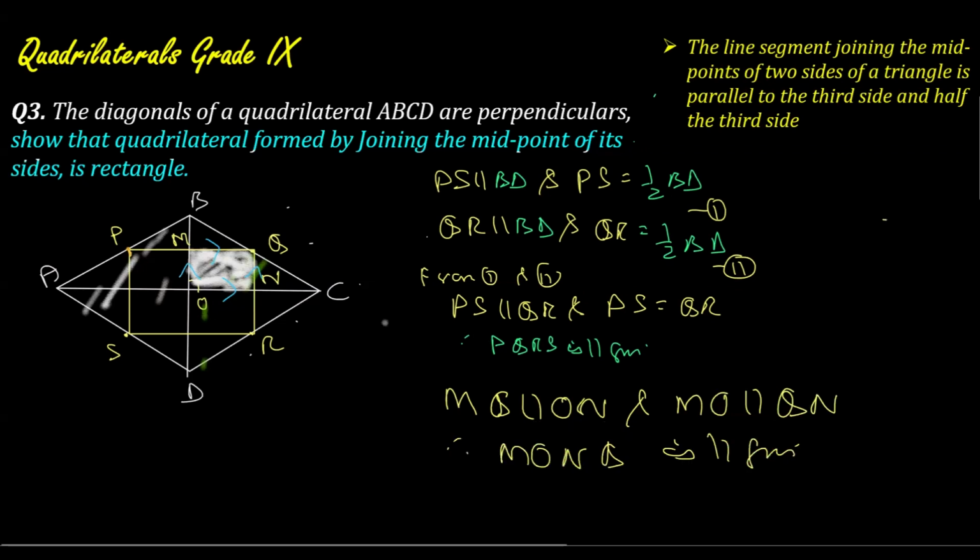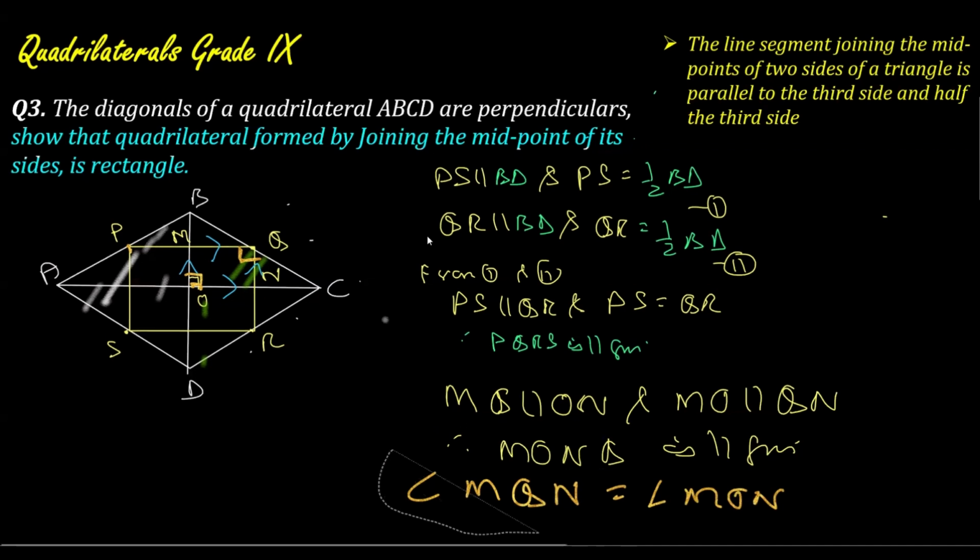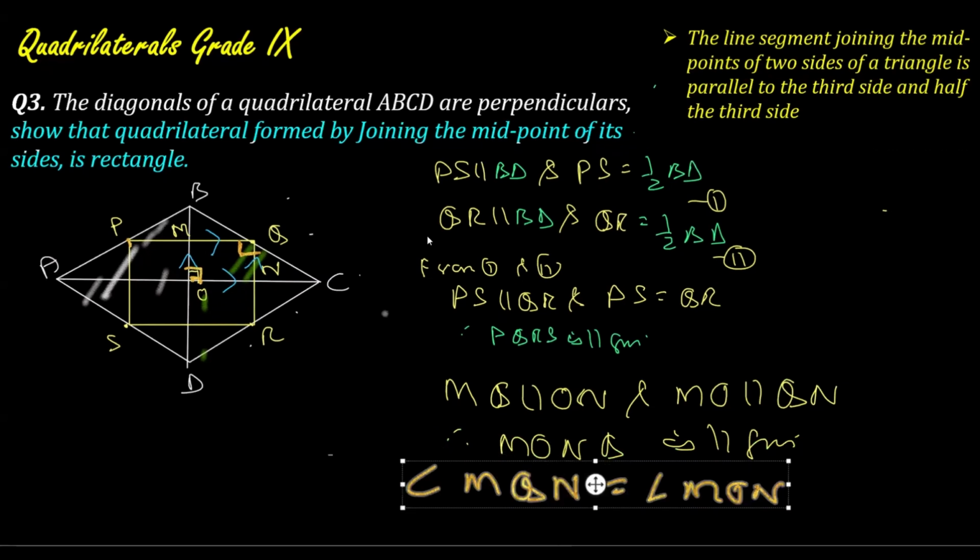So for this figure, this angle should be equal to this. So I can say that angle MQN is equal to angle MON. And the reason for this is that opposite angles of a parallelogram are equal.